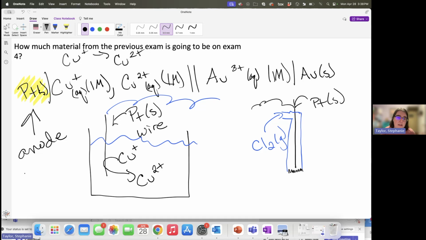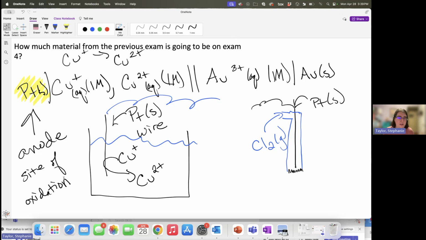That anode is the site of oxidation. And this is the part where calling something the site or the location becomes an important piece. So we're not just saying that that is a thing that is taking place in the reaction, but the anode is itself the physical location of your oxidation.